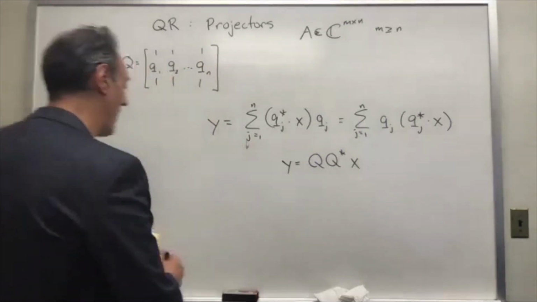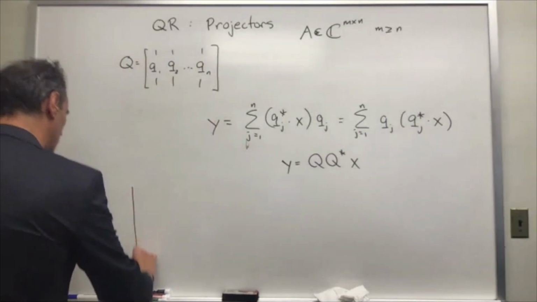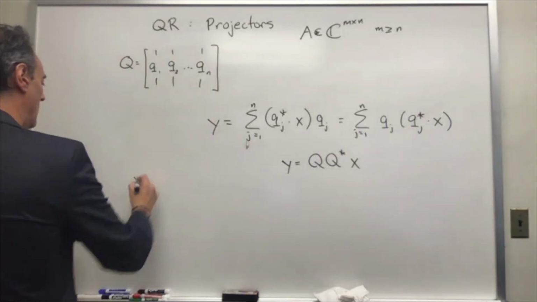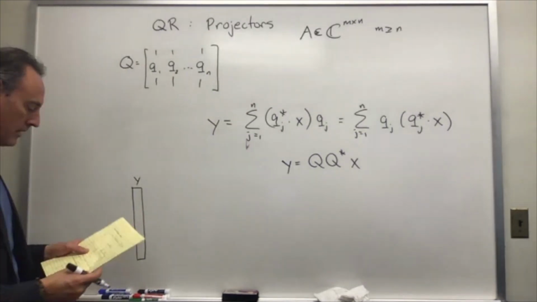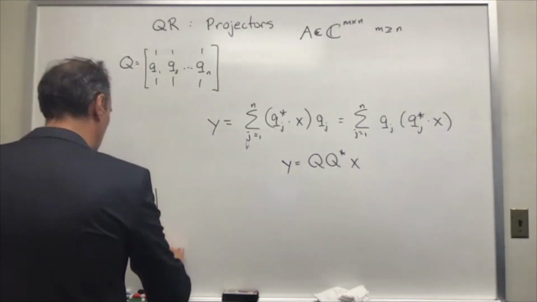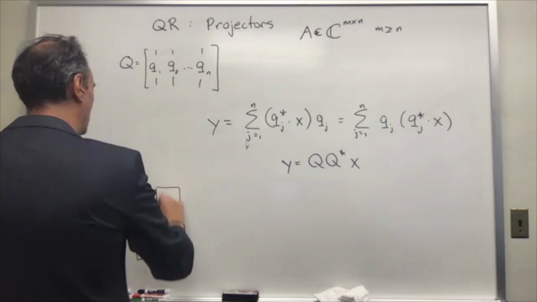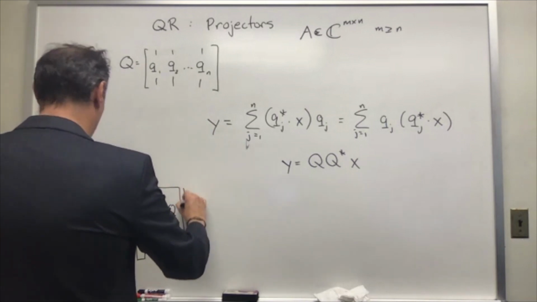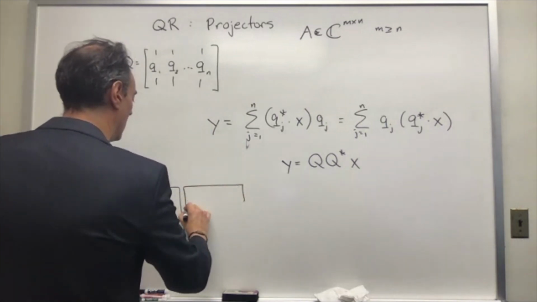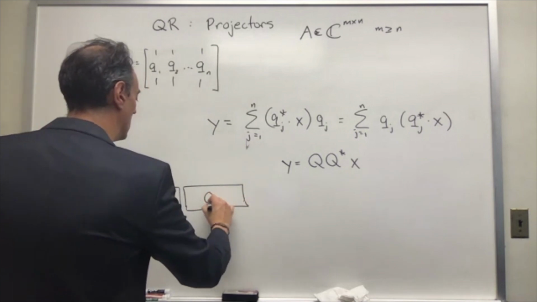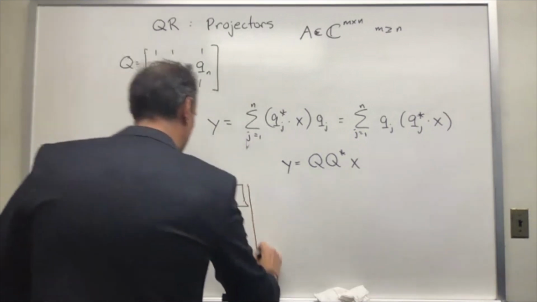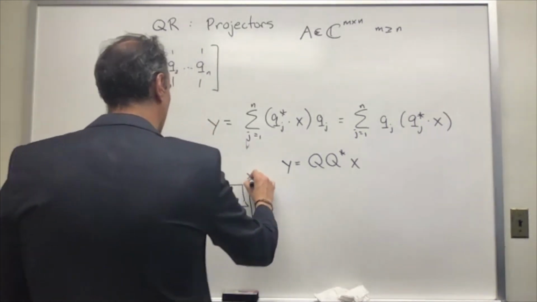Graphically, this looks like the following. There's y. Maybe here's q star times x.